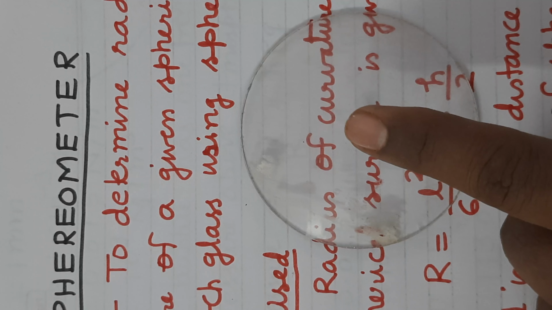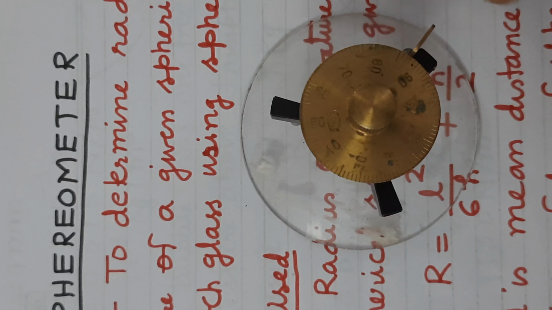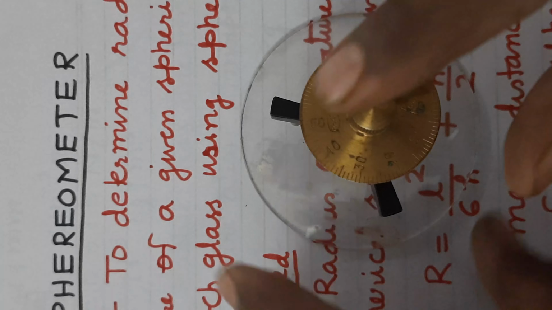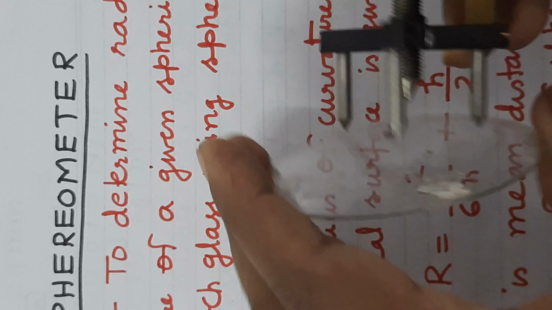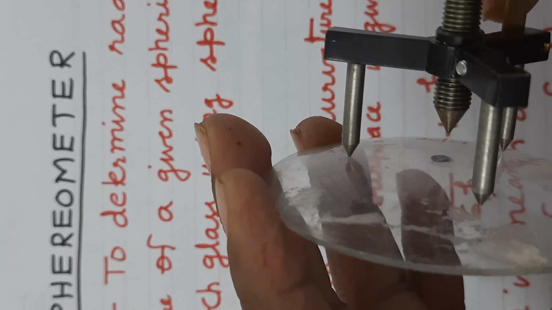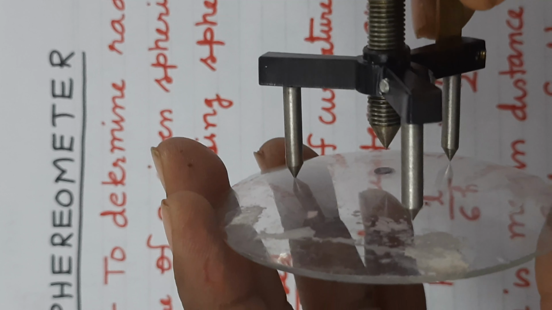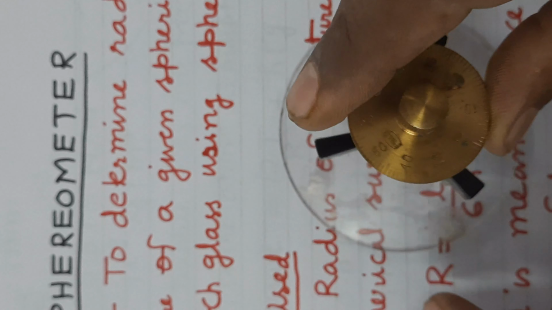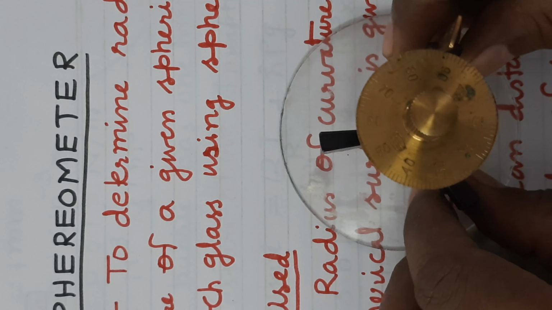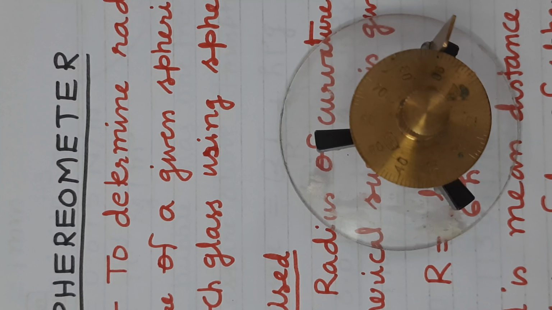It will be placed in this way so that the tip lies just above the pole. Though it will be placed here, it is not possible to show you. So it will be placed in such a way that the tip is just above the pole.